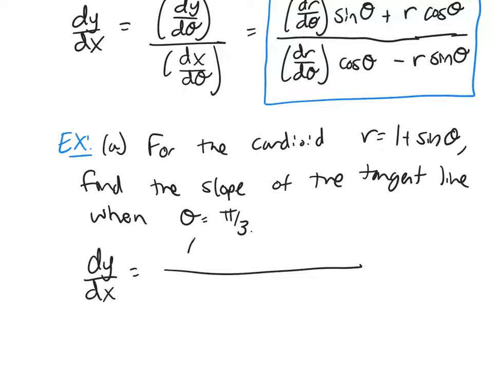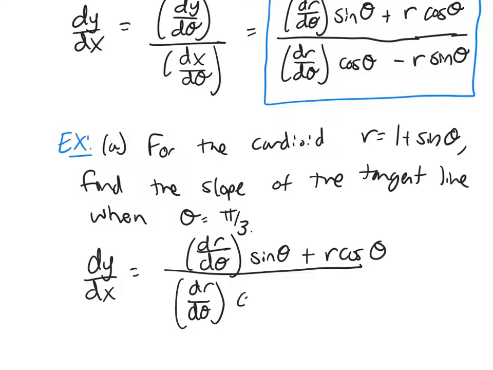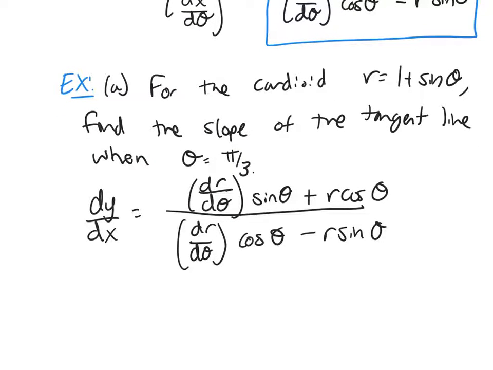So I'm going to rewrite the formula right here so we have it right in front of us. This was the formula I just boxed in: dr/d theta sine theta plus r cosine theta, over dr/d theta cosine theta minus r sine theta. So let's look at our r equation, 1 plus sine theta.